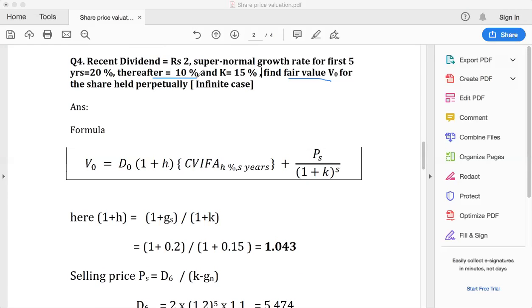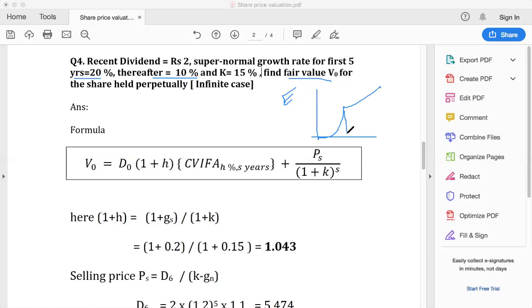But for the first 5 years, it got some breakthrough, and it's growing at a supernormal growth rate of 20%, right? So hope that's clear to depict you graphically. So this is the earning per share, or EPS, of this company, and dividends will also be like that only. So exponential growth in the first 5 years, then normal growth.